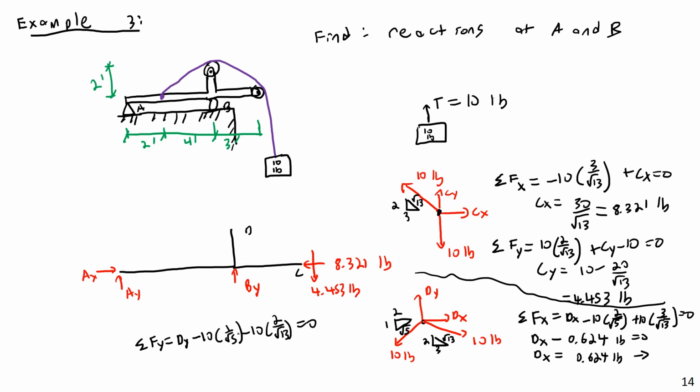So dy will simply be 10 over root 5 plus 20 over root 13. 10 divided by the square root of 5 plus 20 divided by the square root of 13. And I get a dy of 10.019. Let's just do 3 decimal places, carry through. 10.019 pounds, not kilonewtons.